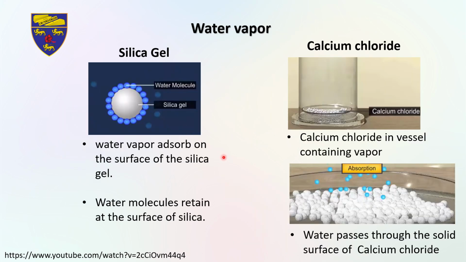Another great comparison involves water vapor. Silica gel adsorbs water molecules onto its surface. In contrast, if you put calcium chloride in a vessel, the calcium chloride absorbs the vapor, and the vapor actually passes through the surface to distribute throughout the solid.